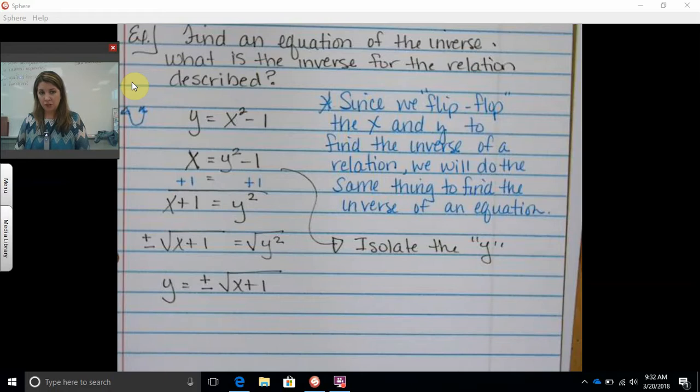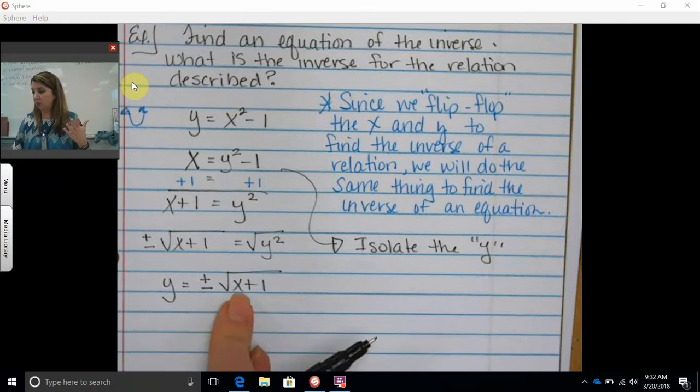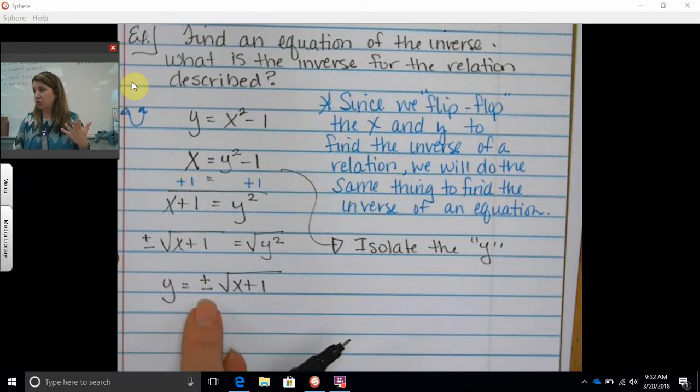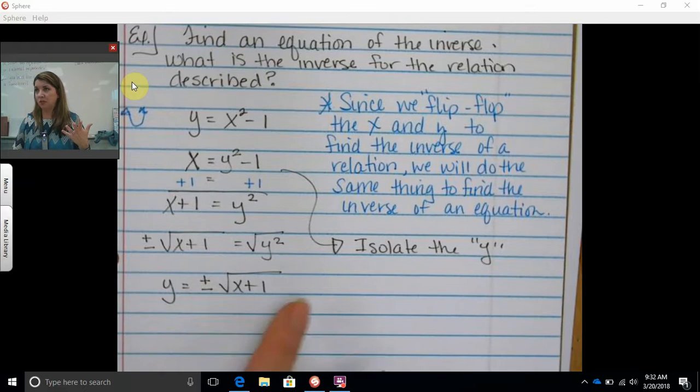Do you think that's going to be a function? If x is 3, what's 3 plus 1? 4. What's the square root of 4? Positive 2 or negative 2. So my ordered pairs there would be 3 comma 2 and 3 comma negative 2, right?